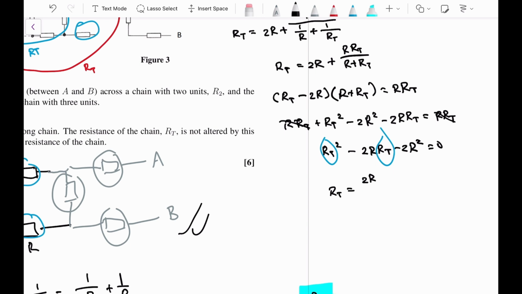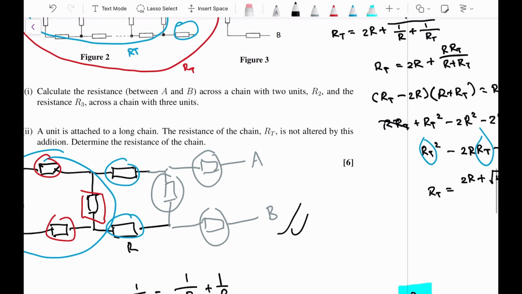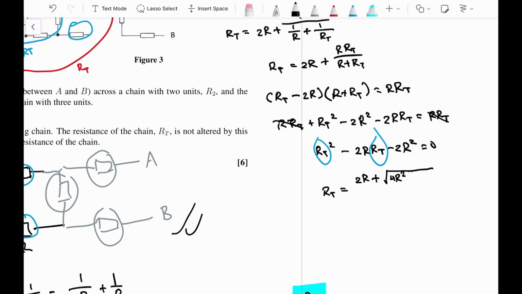However, resistance cannot be negative, so therefore only plus, the square root of 4R squared minus 4AC, which is plus 8R squared, over 2.